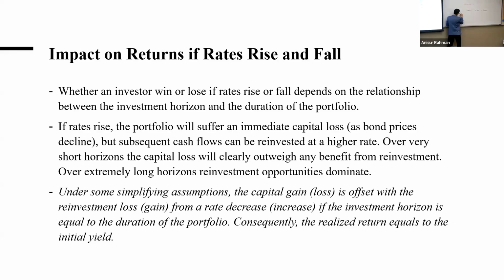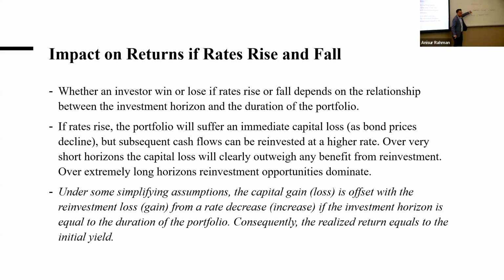Let's say rates increase. If rates increase, what will happen? Price decreases. But then what will happen to reinvestment income? If rates rise, you will reinvest the coupon at a higher rate. Reinvestment income will increase. Is that right?